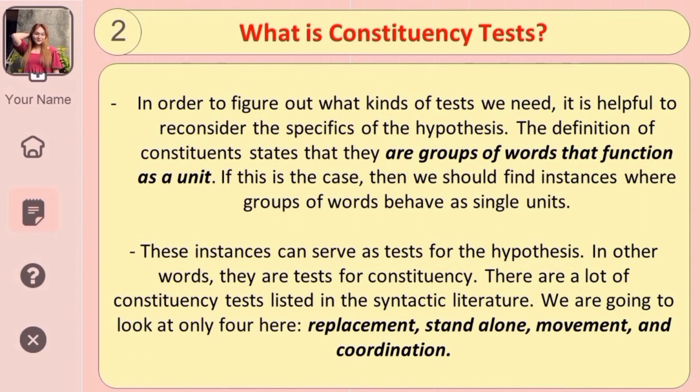There are a lot of constituency tests listed in the syntactic literature. We are going to look at only four here: replacement or substitution, standalone, movement, and coordination. Also, the importance of constituency tests is that they prove the correctness of the structure of a sentence. Their analysis can be used to identify the structure of the given sentence, discover its deep meaning, and explore alternative ways of expressing the meaning.